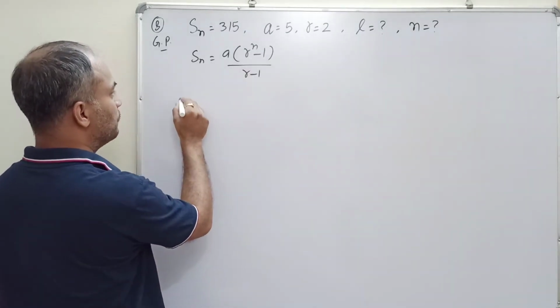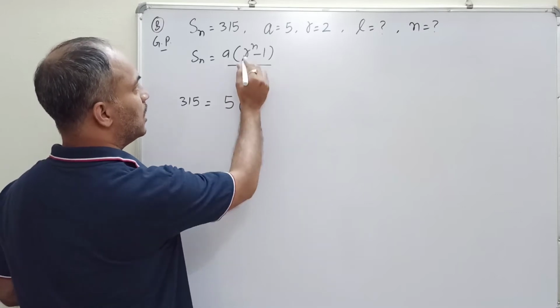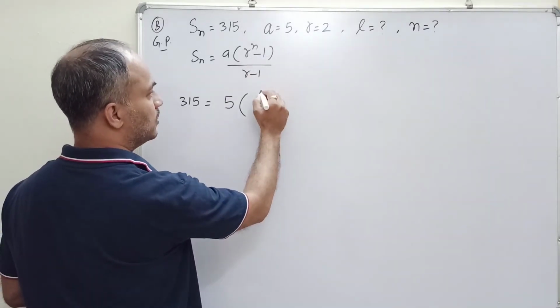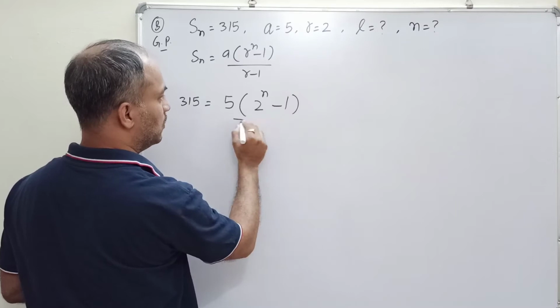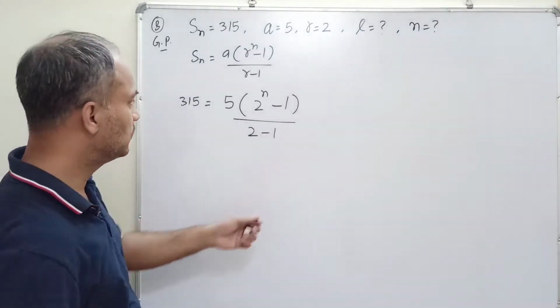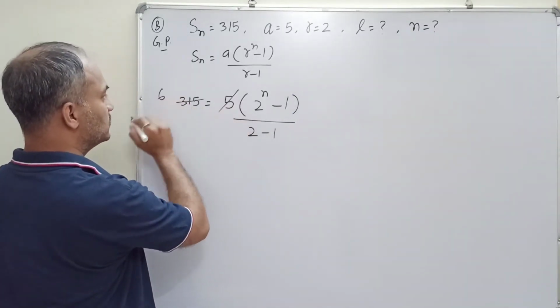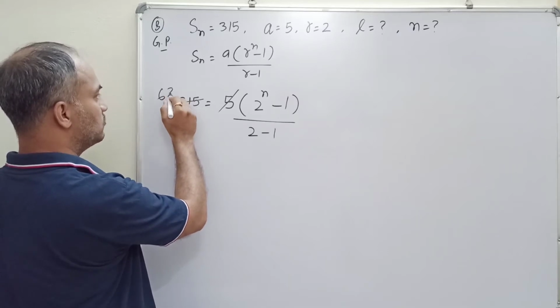Let us use the formula: 315 is equal to a, that is 5, times (2^n − 1) upon (2 − 1). Since 2 minus 1 is 1, we divide by 5: 315 divided by 5 is 63.